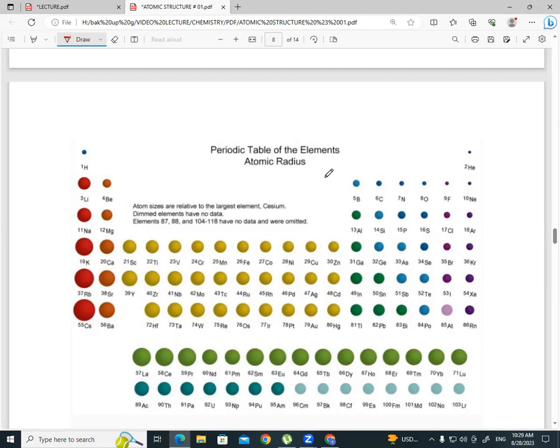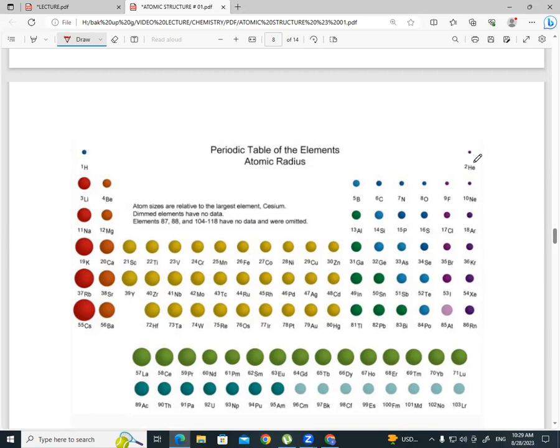And we know very well that in a period, the number of orbits does not change. What does it mean? See this, in the case of the first period, the number of orbits in hydrogen and helium is the same, which is just one orbit. So in hydrogen there is one proton in the nucleus, so the electron is attracted by the nucleus proton.